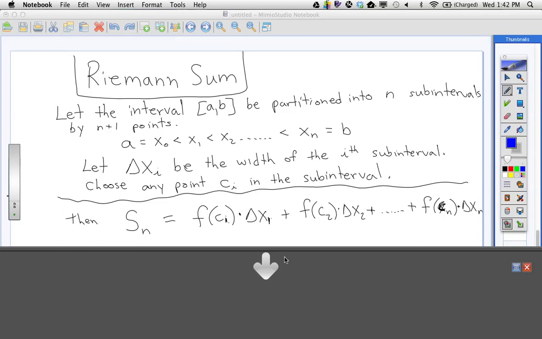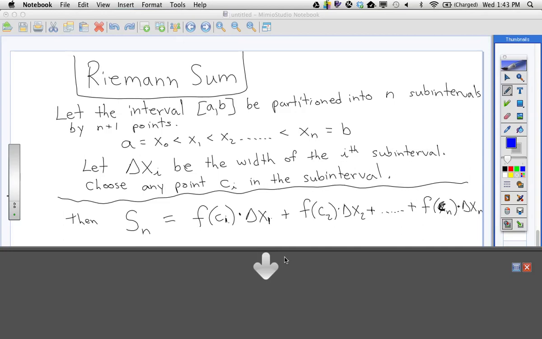Now what's that mean right there? Height times width, which means area, rectangle area, right? This is rectangle height, rectangle width. Multiply height times width, you get area. So this is first rectangle area, plus second rectangle area, plus third rectangle area, plus dot, dot, dot, plus the last rectangle area. That is called a Riemann sum.